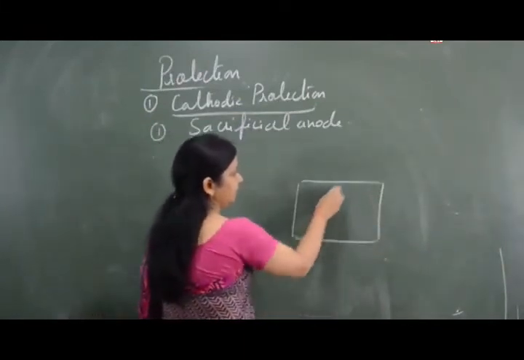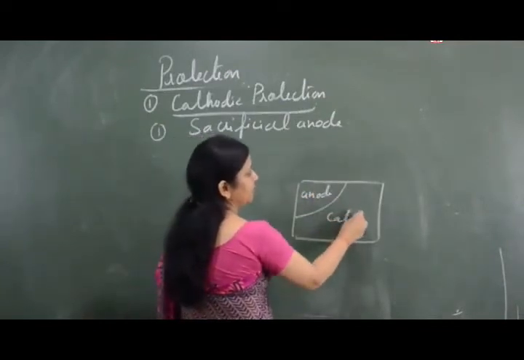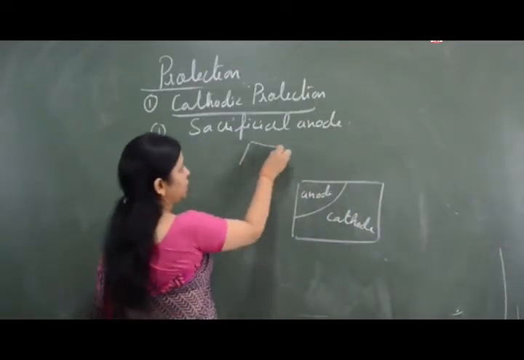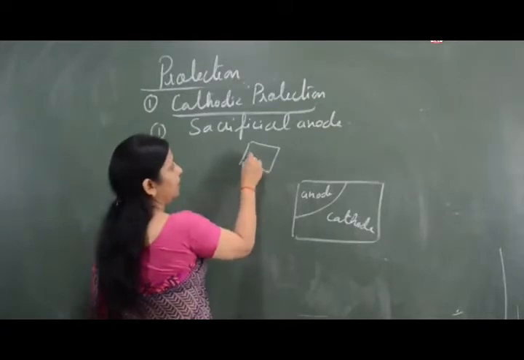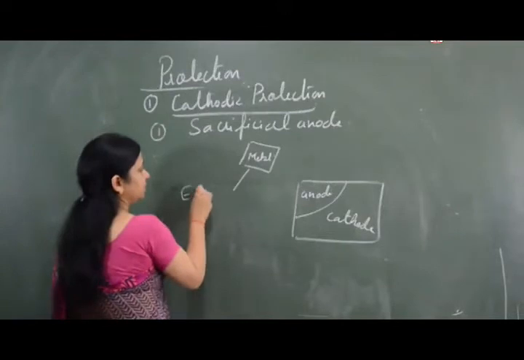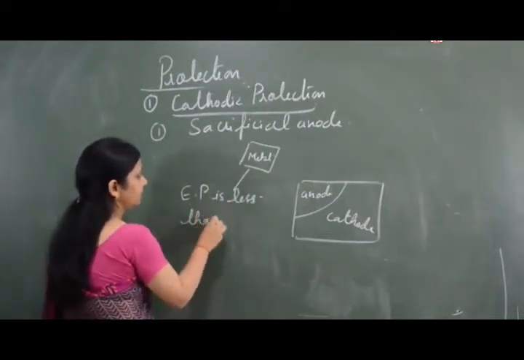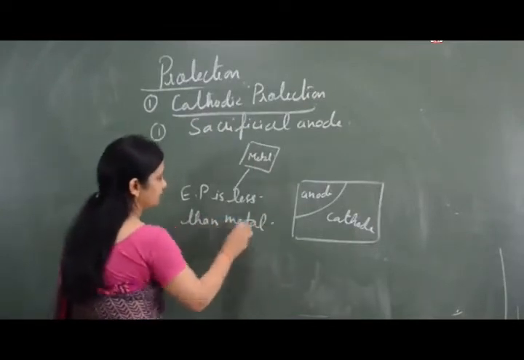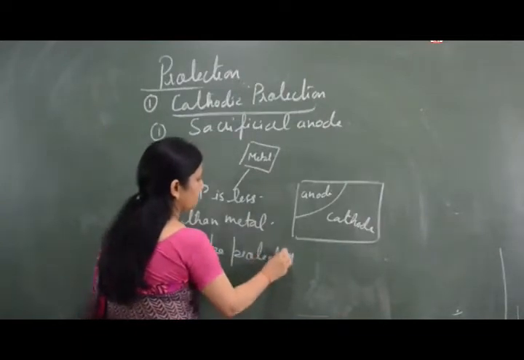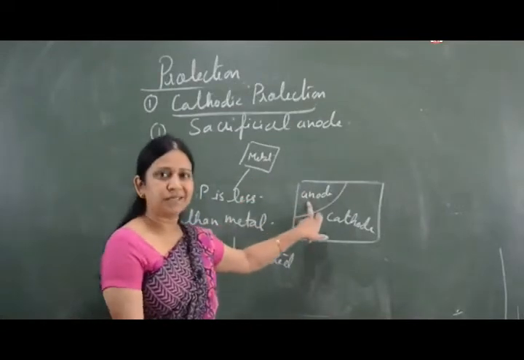Suppose this is a metal, this is going to behave as anode and this behaves as cathode. So what we do is we connect it to another metal whose electrode potential is less than the metal to be protected. So the electrode potential of this metal is less than this.